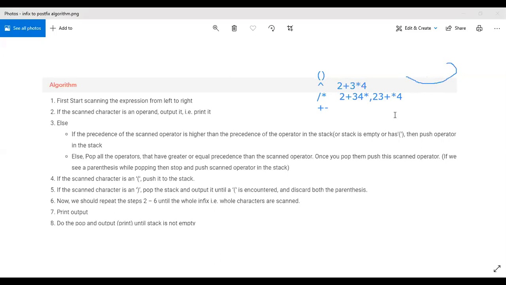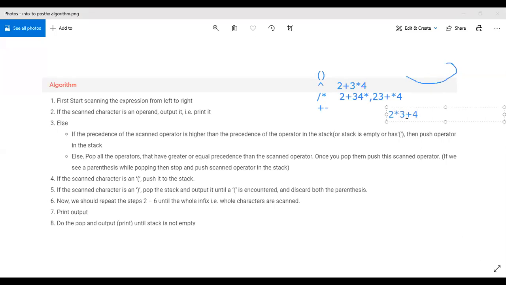For example, 2 star 3 plus 4. If it is like that, first I will push star onto the stack. Next I will compare the next operator plus with the operator on the stack.